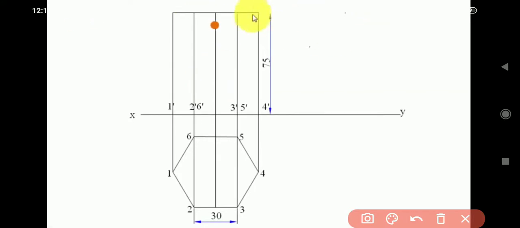And then at this point on the axis line, at the height of 10 mm from the top base, just draw the sectional plane at 45 degrees.